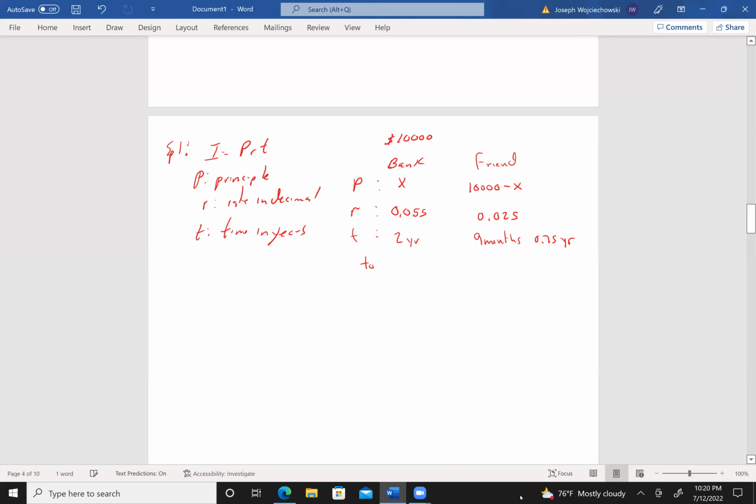So the total interest equals 735. This will be the interest from the bank plus the interest from the friend will equal 735. So using our formula, the interest from the bank is equal to the principal X times the rate 0.055 times the time 2. So we get 0.11x.